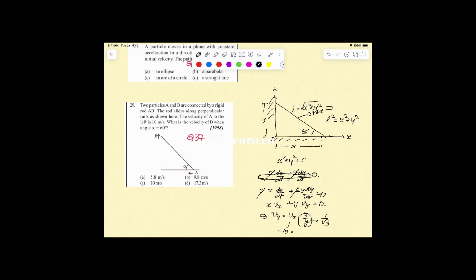10 by root 3 is approximately less than 4. Okay, check it up. Vx is 10, and then what is x by y? At 60 degrees, it is 1 by root 3.